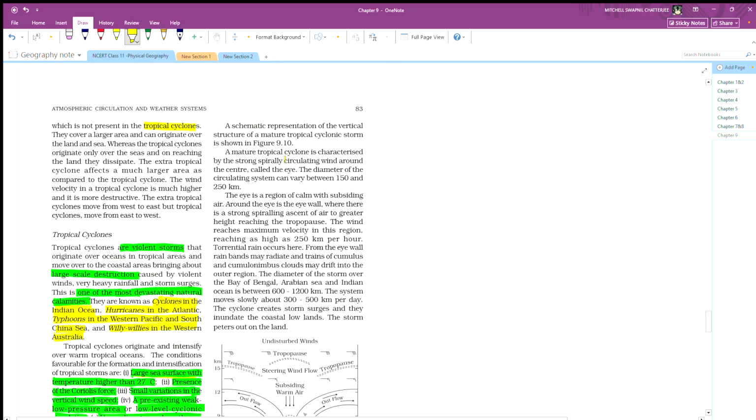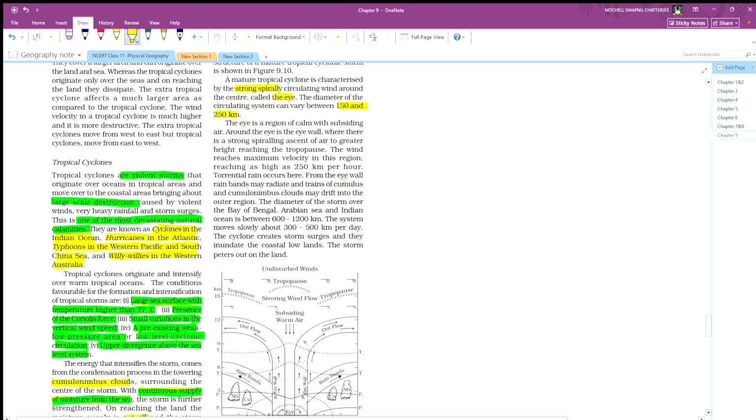A major tropical cyclone is characterized by strong spirally circulating wind around the center, which is called the eye. The diameter of the whole circulating system is 150 to 250 kilometers.